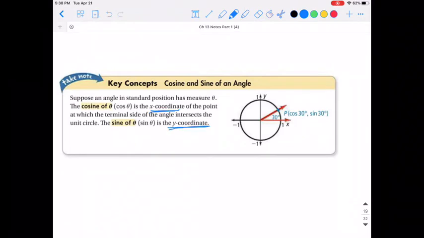So if you're trying to find the cosine or the sine of an angle, you can use the terminal side, which is the side opposite the initial side, not on your positive x-axis. Wherever that terminal side intersects your unit circle, the x value of that point is going to represent cosine of that angle. The y value of that point is going to represent the sine of your angle.